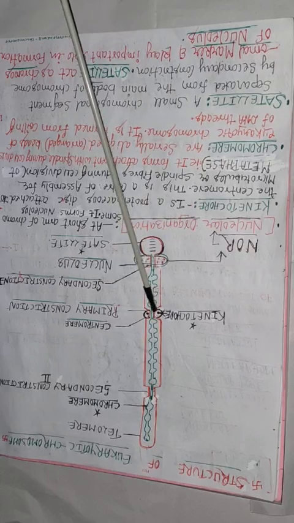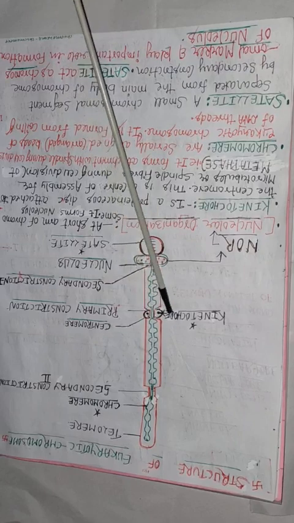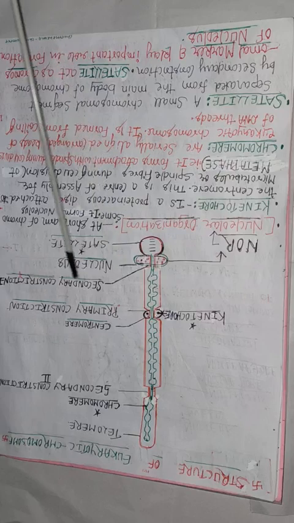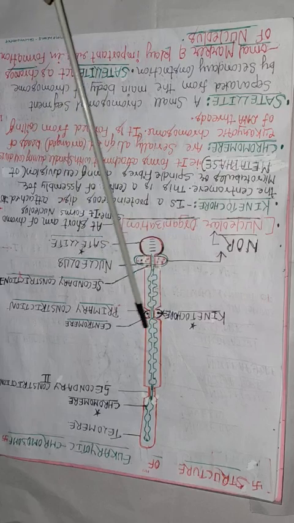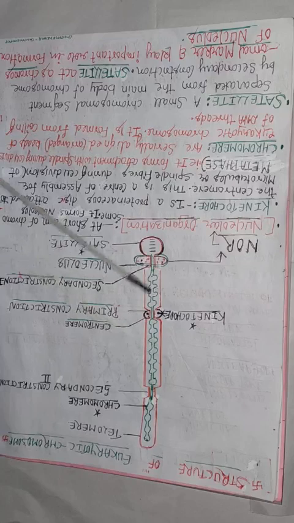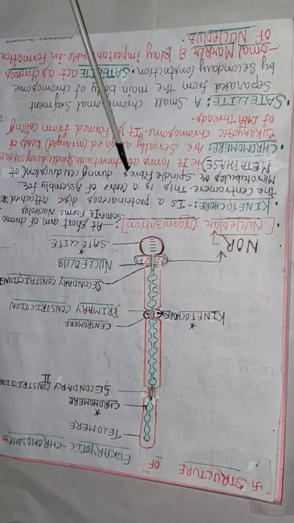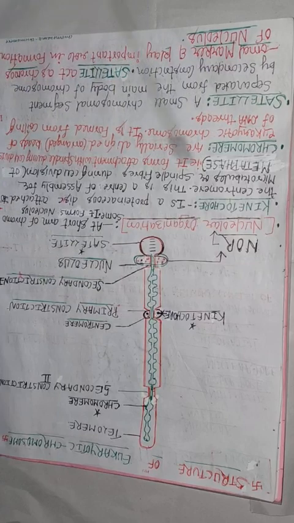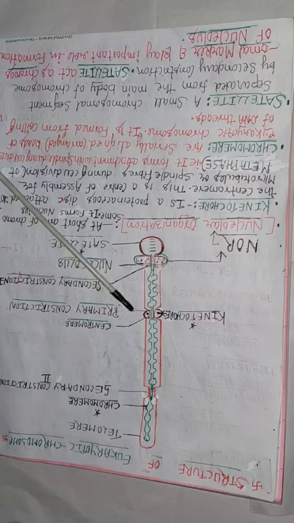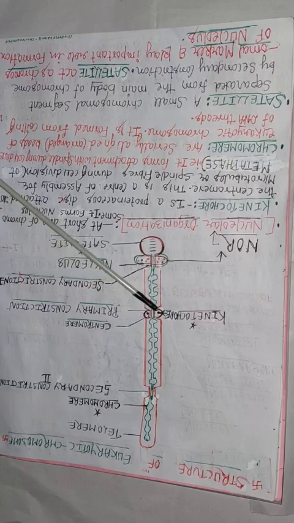Here this is the centromere and these dots are the proteinaceous disc, and this is a center of assembly of chromosome with spindle fiber. Either you say microtubule or spindle fibers during cell division at metaphase, isn't it? It forms attachment with the spindle fiber during cell division.